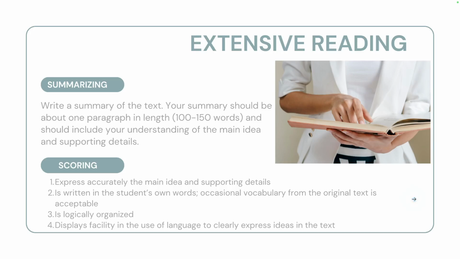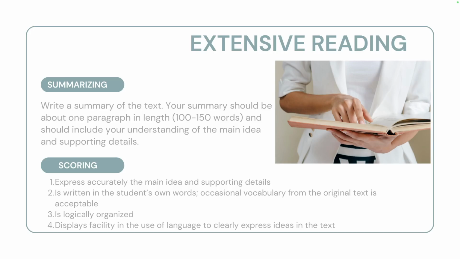You can also do summarizing. So they can write a summary of the text. Here's an example item, and then some information for scoring. What I want to say is for extensive reading, the scoring is very important, because even though you're asking students to write, remember, this is a reading assessment.